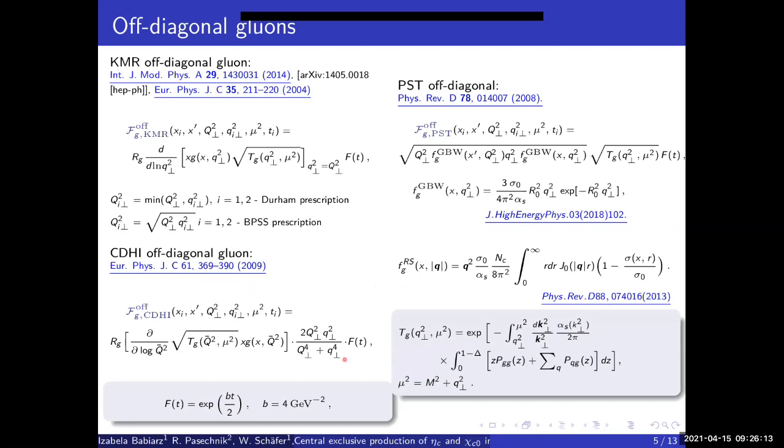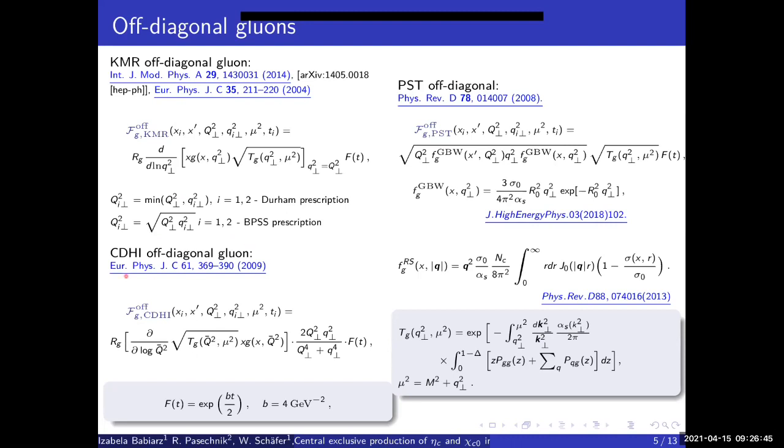The most famous, the most known, is the one done by the Durham group, and we also have our little modification to this approach, only by changing the treatment of one variable.